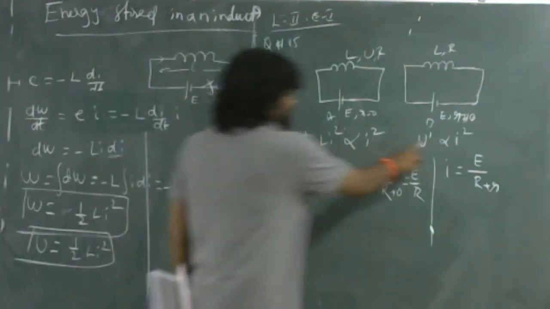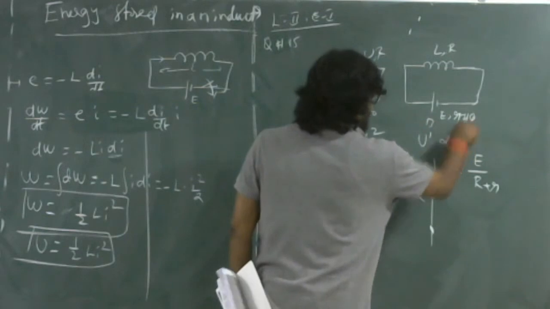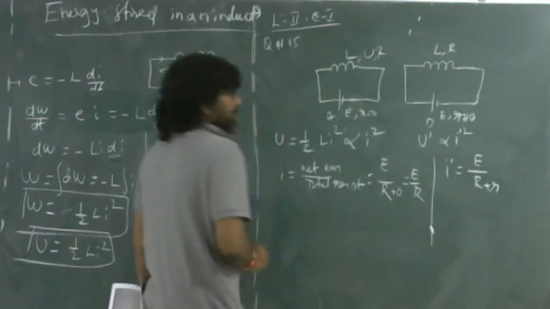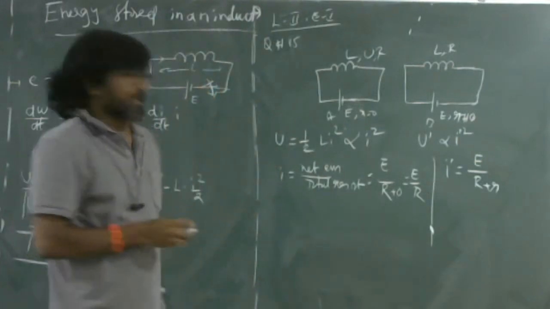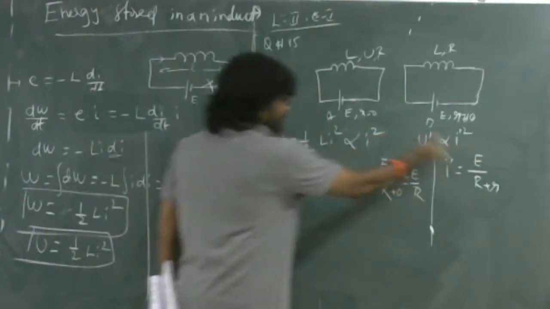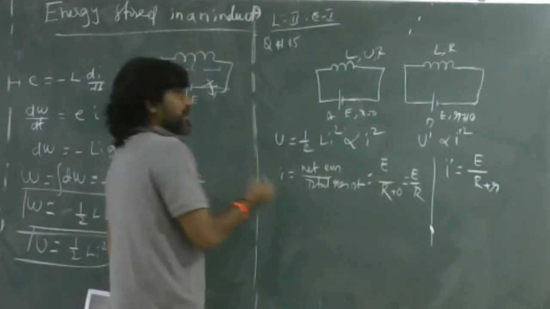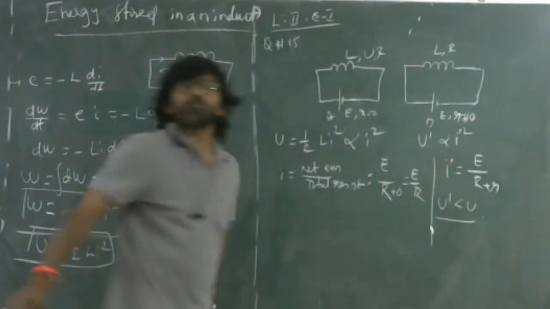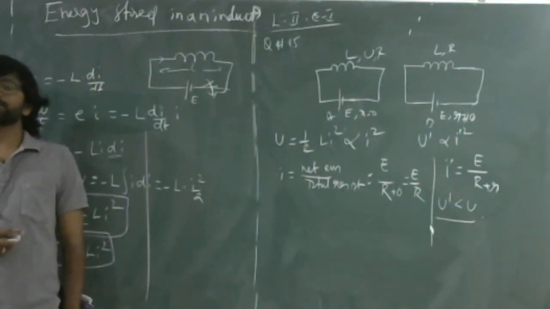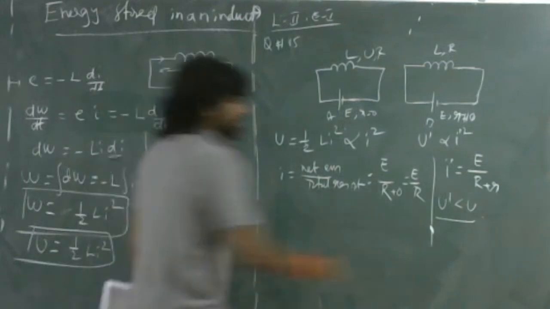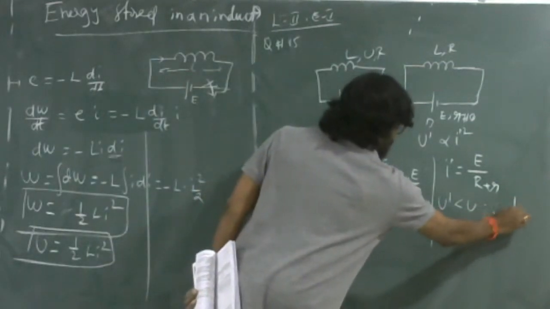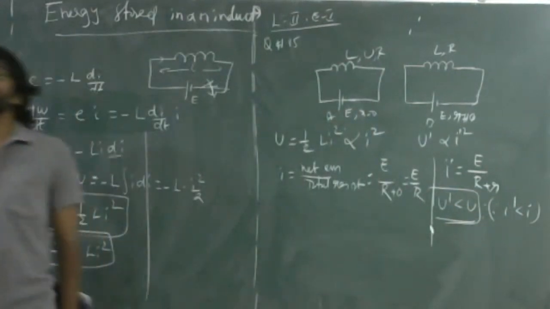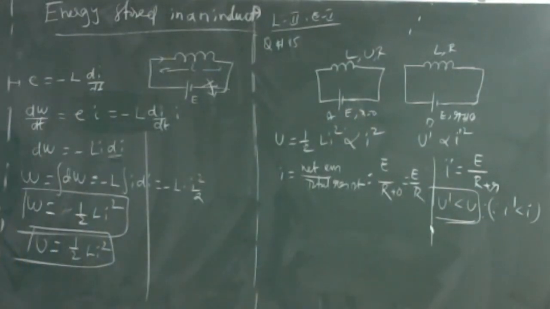As it is proportional to I square, you can say this is I dash square. I dash is less than I, so you can say U dash will be less than U. Is it clear? Simple relation. Right?